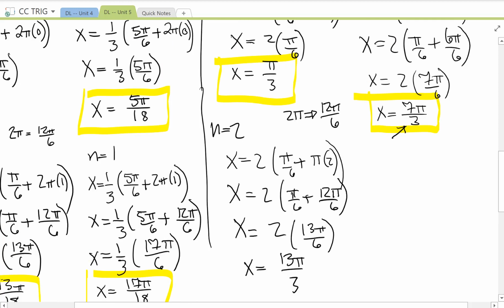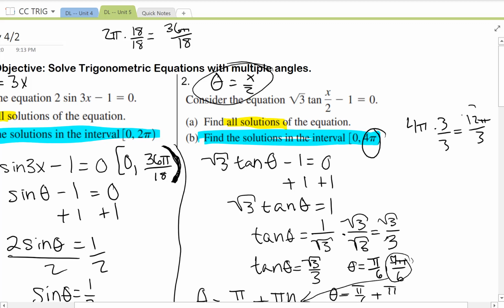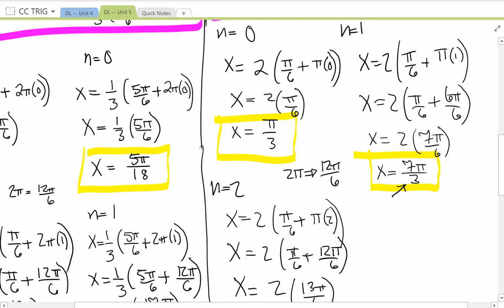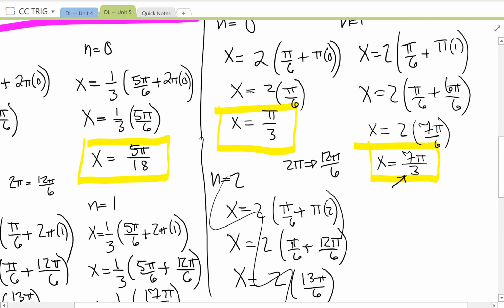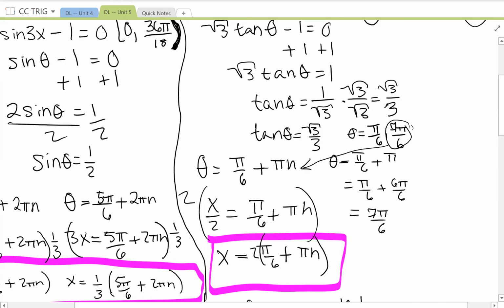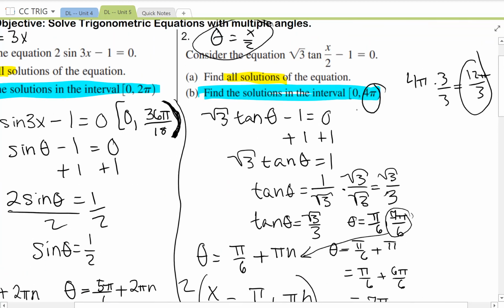Hey, 12 pi over 3 was the end of the restriction, so we did not need to plug in this one. Only 2 angles made it, okay? Only 2 angles satisfied this equation as solutions on the interval 0 to 4 pi.